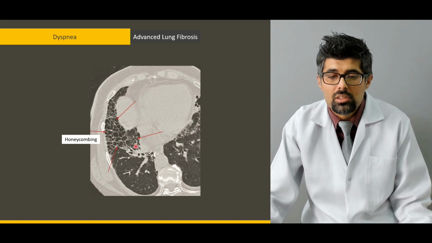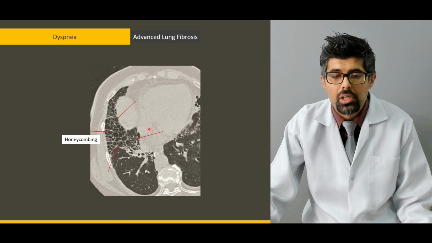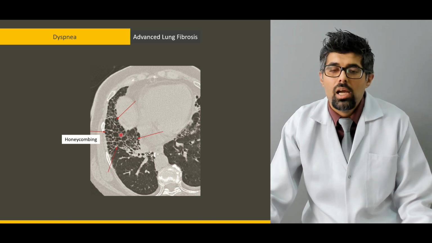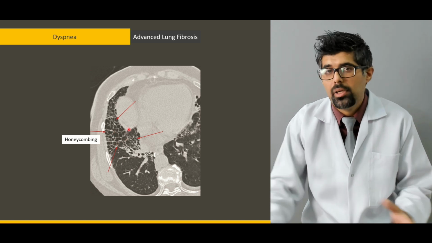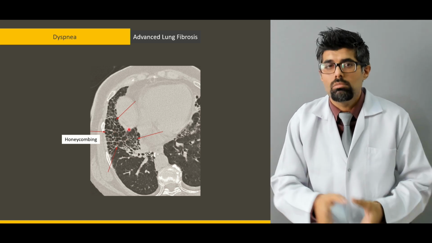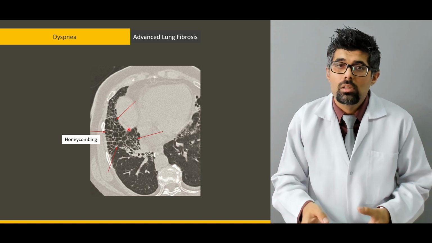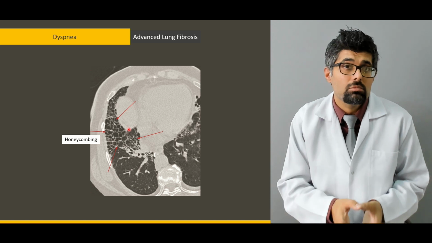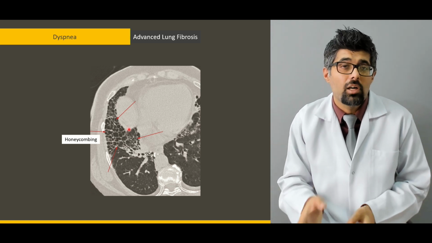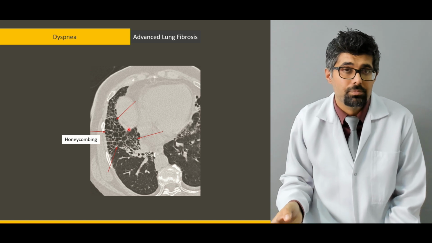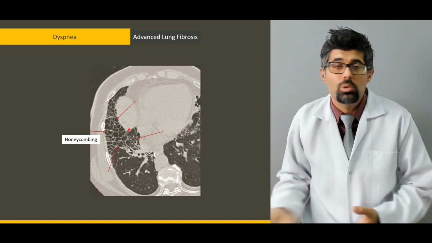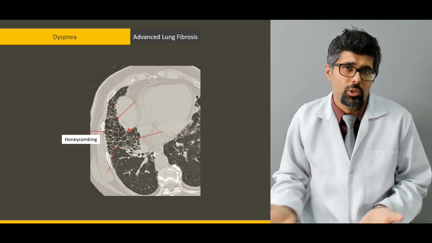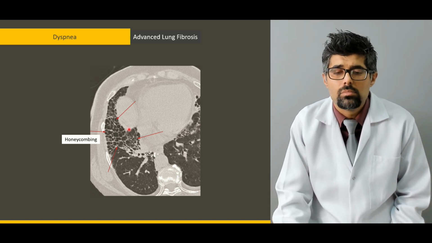Honeycombing actually turns the lung parenchyma into tiny cells which are divided by septa, and this mimics the appearance of the honeycombs which honeybees make. So whenever we get this picture, it is again very descriptive of an advanced lung fibrosis, which can be due to asbestosis, it can be due to silicosis, or any of the pneumoconiosis.